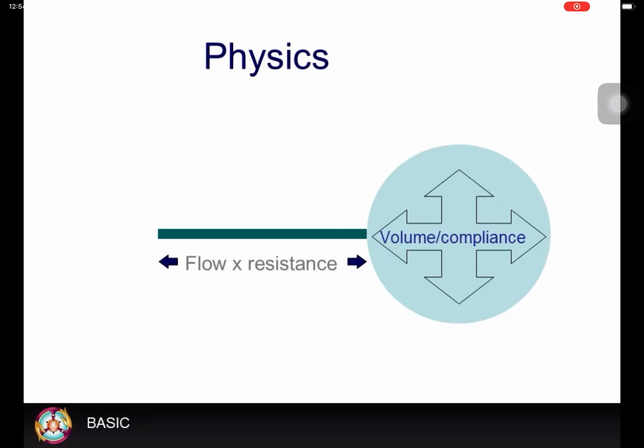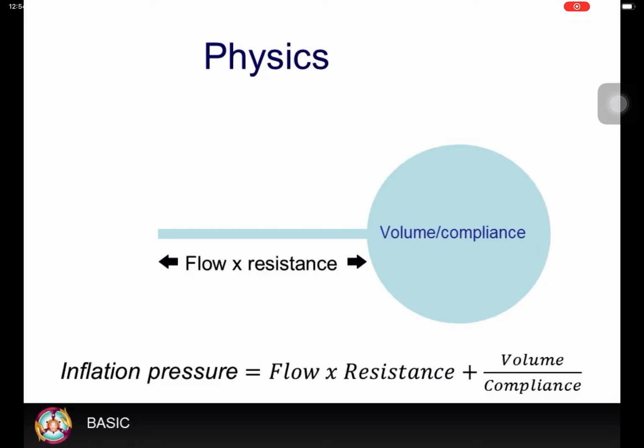The pressure required is determined by the volume to which the balloon is distended and the compliance of the balloon. Thus, the pressure required to inflate the lung is the pressure required to push gas down the tube plus the pressure required to inflate the balloon. That is, the sum of flow times resistance plus volume divided by compliance.